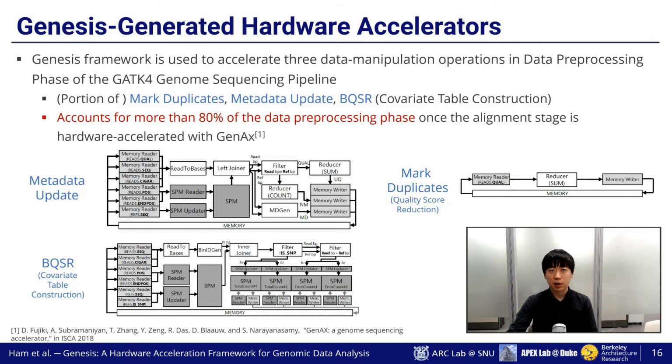These 3 stages account for more than 80% of the total data preprocessing phase runtime, assuming that the time-consuming alignment stage is hardware accelerated with the GenX accelerator. Due to time constraints, I will omit details of what each stage does and the process of how to construct Genesis-generated accelerator architecture for each of these in this presentation, but we encourage the audience to read the paper.